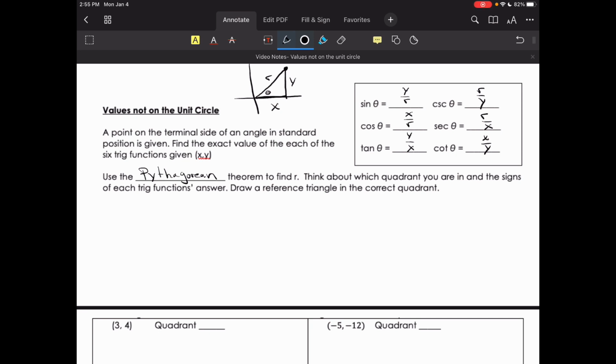So that would look like x squared plus y squared equals r squared. Now, we also want to make sure that we are identifying the correct quadrant, right? Because that gives me the sign of x and y. And to help us do that, we're always going to start by drawing a reference triangle in the correct quadrant so that we can see exactly what we're looking at.